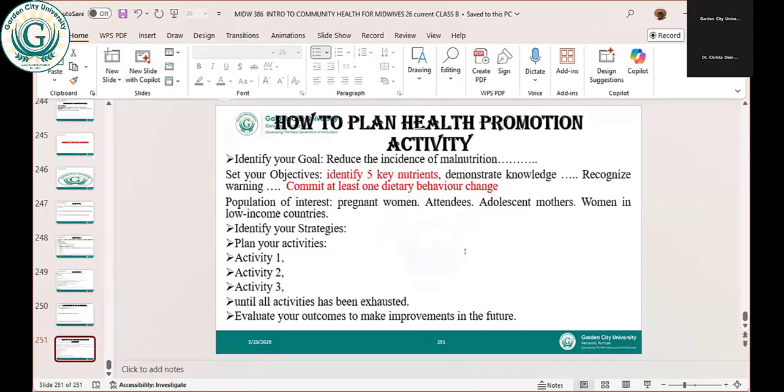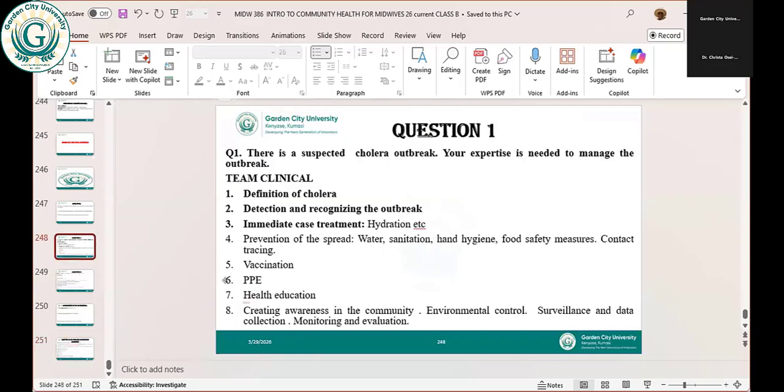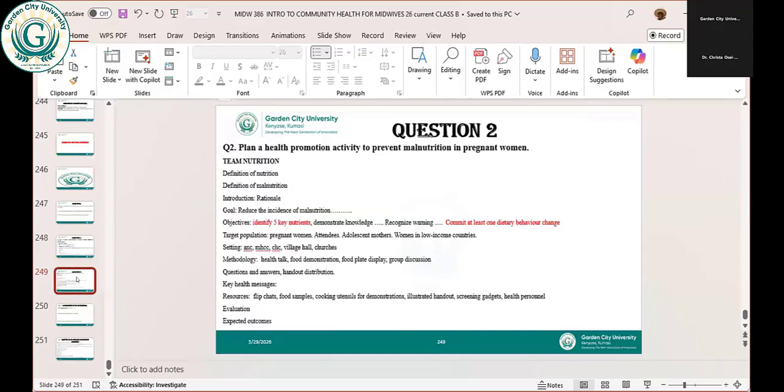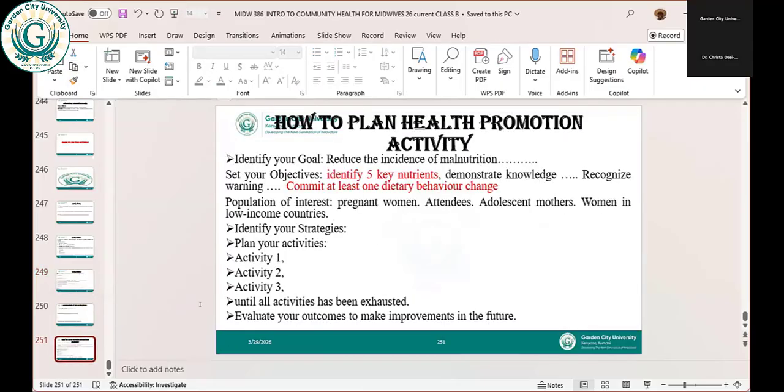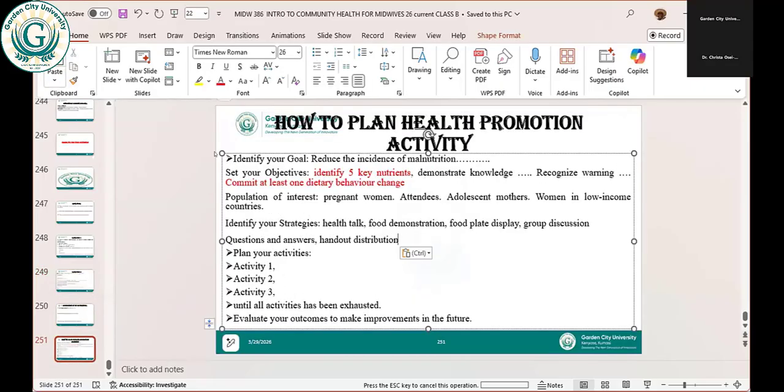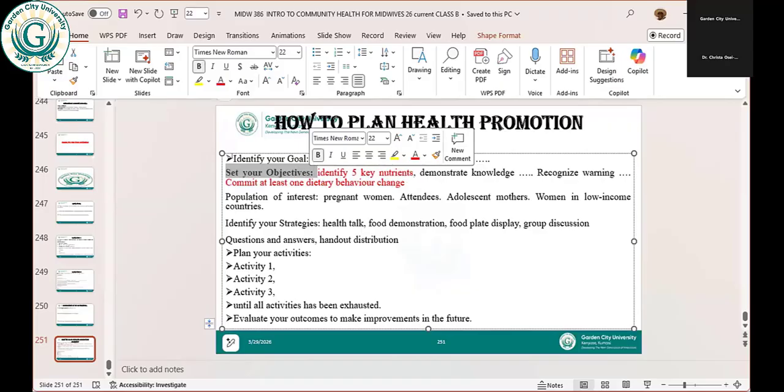Yes, you have your population of interest. But maybe if you have written identify your strategies, the identification of the strategies is what you call your methodology. So these are the strategies that you want to deal with.